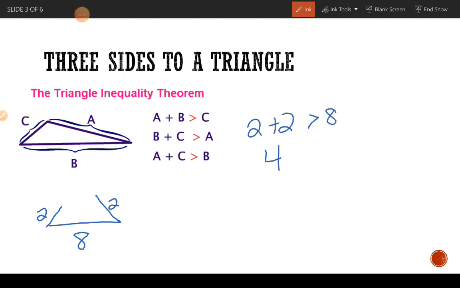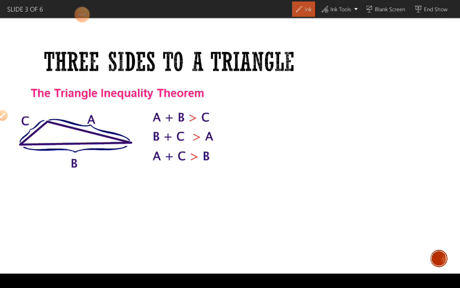Well, 2 plus 2 is 4. 4 is not bigger than 8. So we have this triangle here where the corners don't match up. It can't be a triangle if we don't have lengths that add up to be larger than that greatest side.